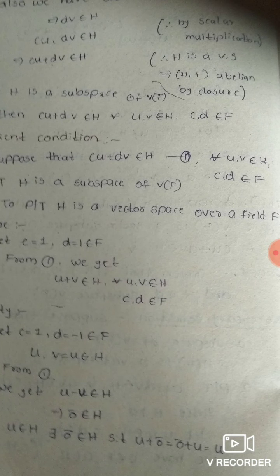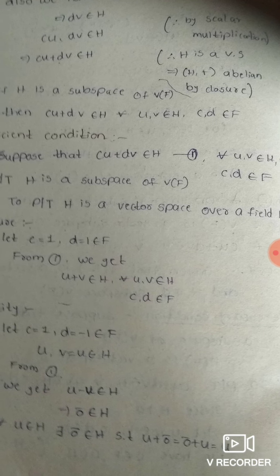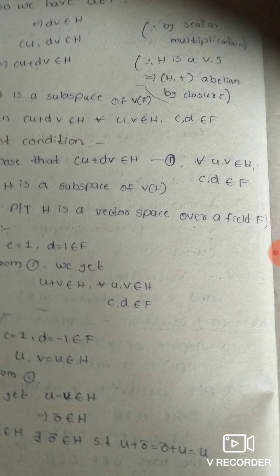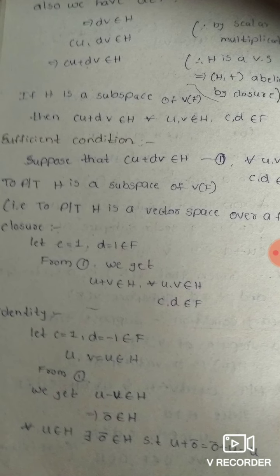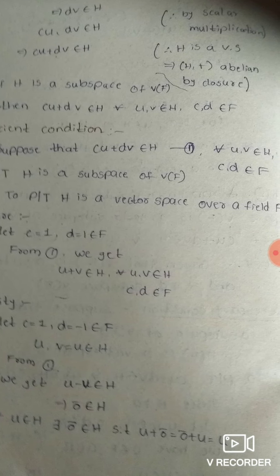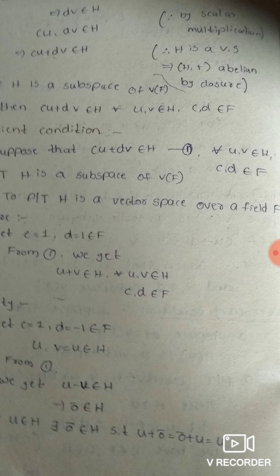To prove that H is a subspace of V of F, it is enough to show H is a vector space over a field F, that is, H satisfies the vector space properties. Then H is said to be a vector space.